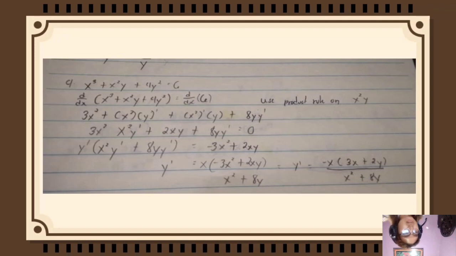x squared times y prime plus y times 2x. Okay? Dito, diba? Ano yung derivative ng y? y prime. So, x squared times y prime, diba? Then, ano yung derivative of x squared? Diba? 2x.